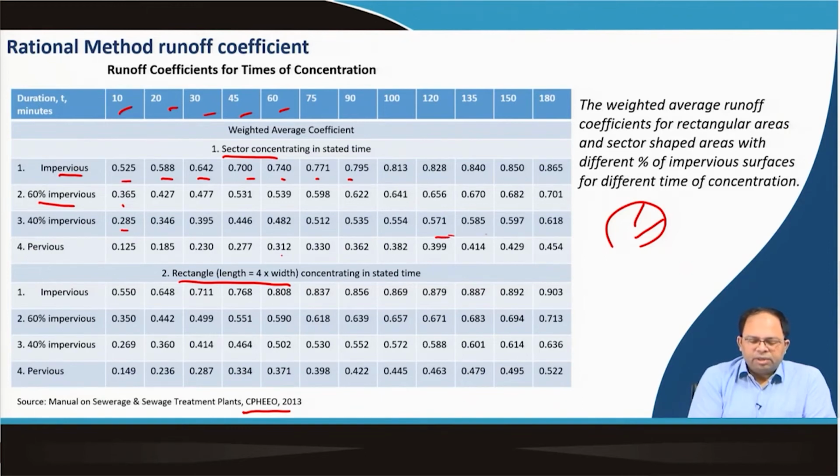Again, if the duration is higher, the value is increasing. So, impervious surfaces have a higher coefficient, which means more runoff is generated. Similarly, higher duration, more runoff is generated. Similarly, you can get these figures for other rectangular shape catchments as well.